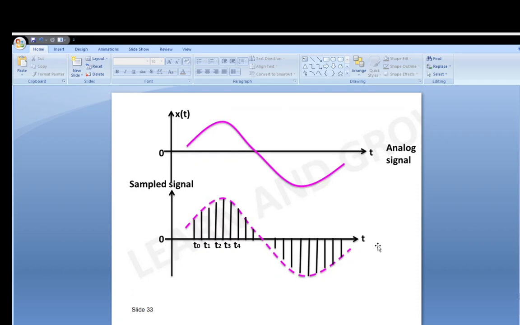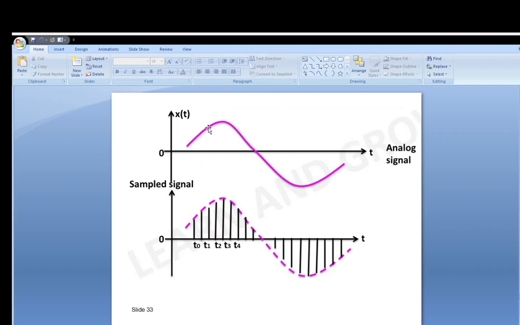That means analog is defined on the basis of possibilities of value on the vertical axis, and continuous and discrete is defined on the basis of values available for the moments of time. If values are available for every moment or every value of the horizontal axis, then it will be called continuous.